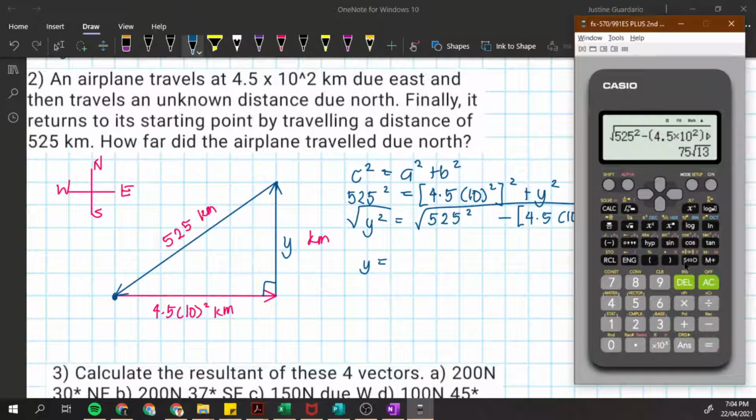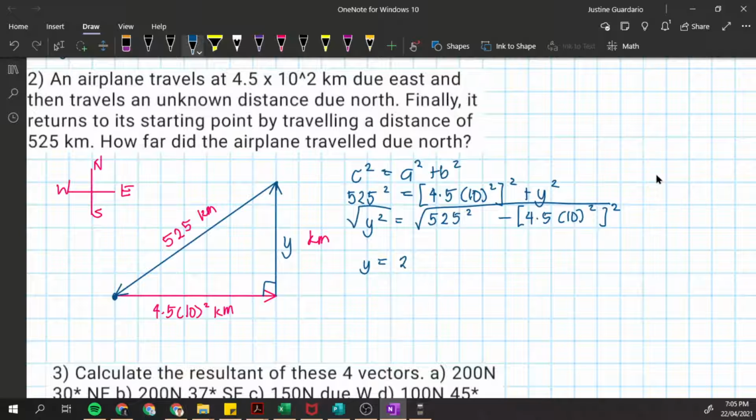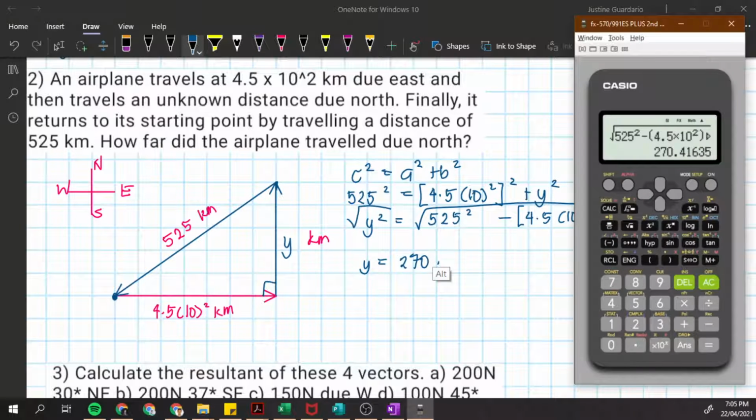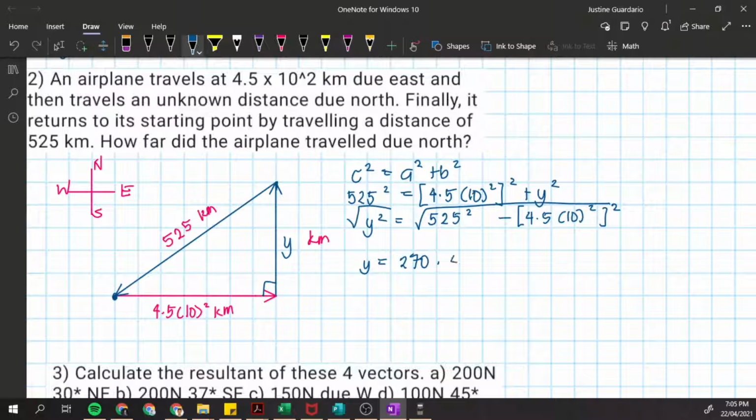We will have 75 square root of 13, or in decimal form, 270.414164 kilometers. Why kilometers? Since we are consistent with our units, kilometer, kilometer, kilometer, therefore the answer will be in kilometers. So, this is the distance that our airplane traveled going to the north.